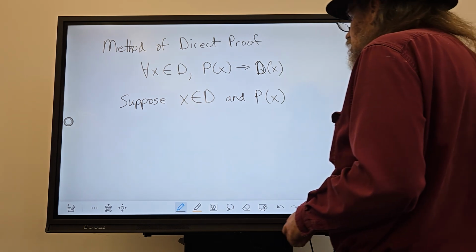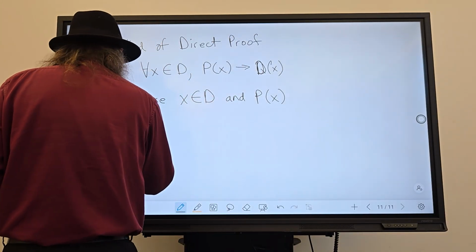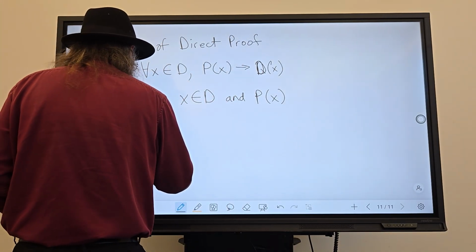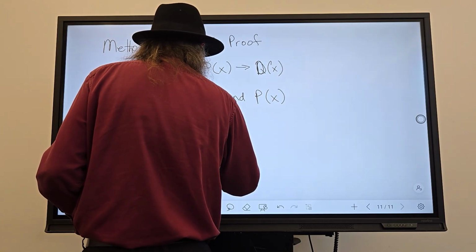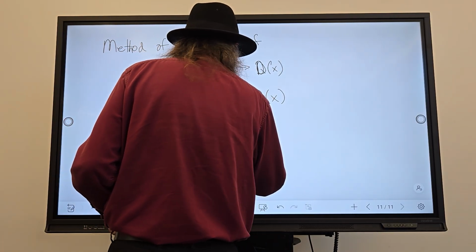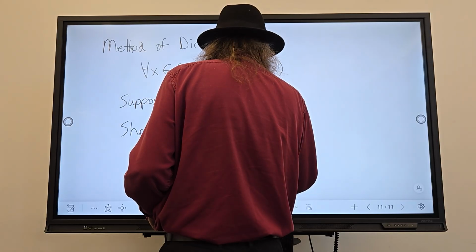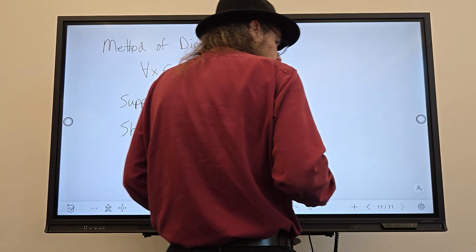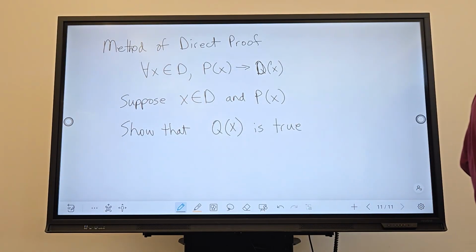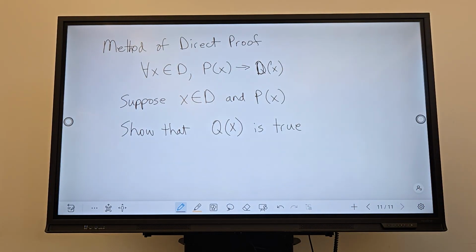And then show that Q of x is true using definitions, previously established results, and the rules for logical inference, which we've covered before.